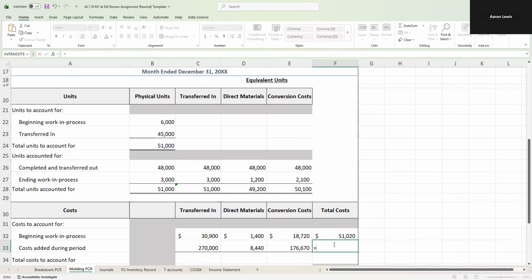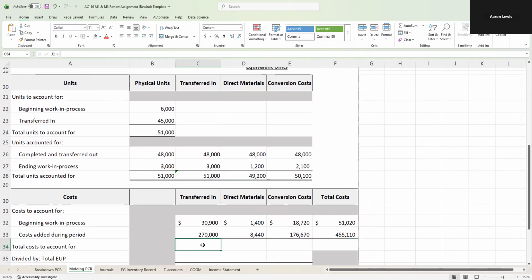So if I add all of these together, I come up with $455,110 worth of costs that were added by the molding department, either by themselves for the stuff that they do for materials and conversion costs, or to the units that they're molding that were transferred in from the previous phase of production.